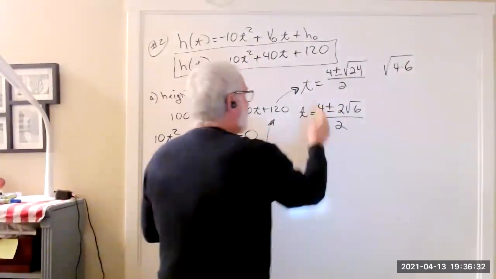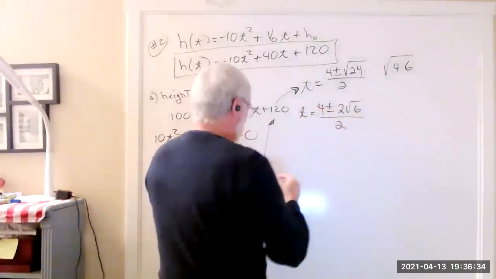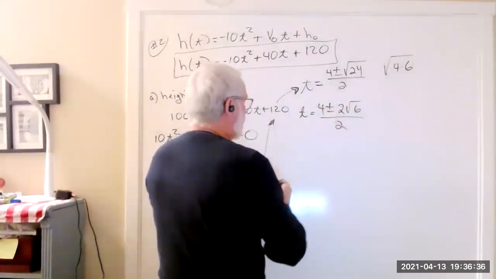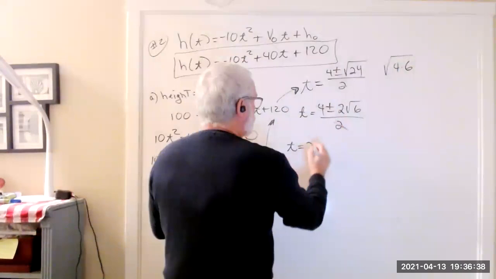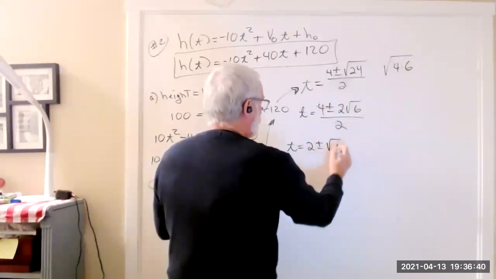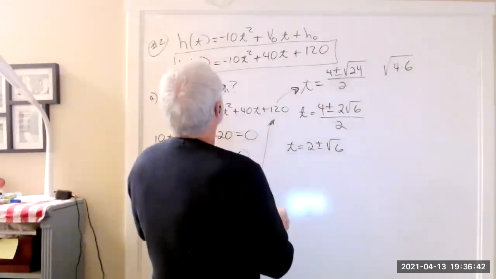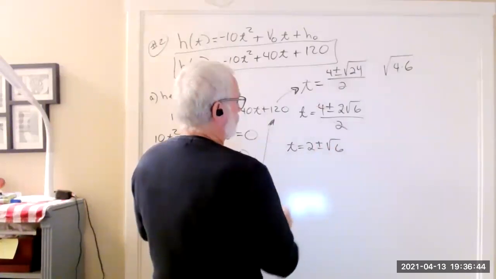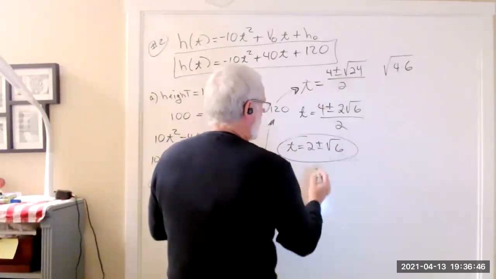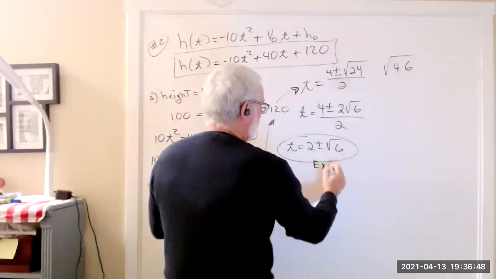I can reduce everybody. So this is t equals 2 plus or minus the square root of 6. And those are considered my exact values.